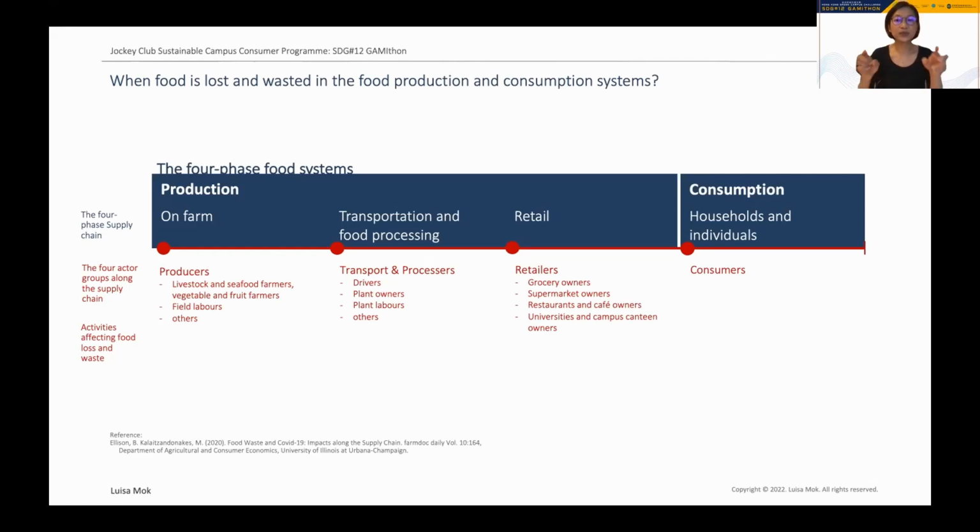Okay, so this diagram is important. We need to understand food loss can happen at different stages in the systems, and there are many actors involved. If we can target the right actors and provide some solutions for them, then they will help contribute to the goal, remember, halving the food loss amount by 2050.